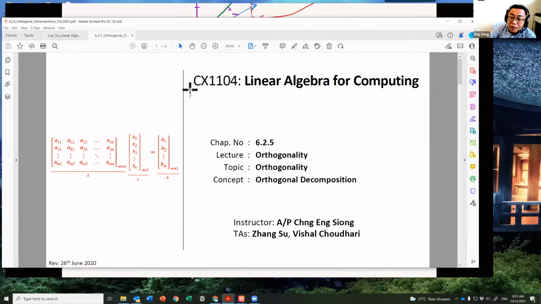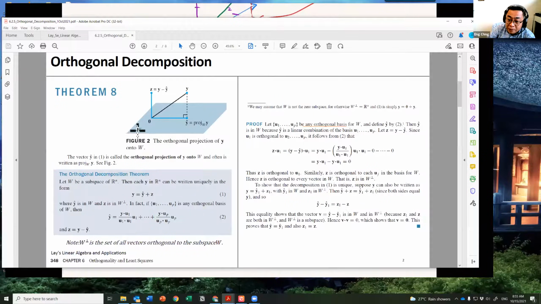And again, it says, if W is a subspace. In our picture previously, the subspace is formed by the column space of A. Same thing.